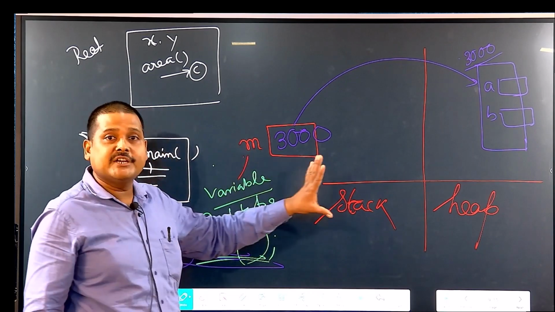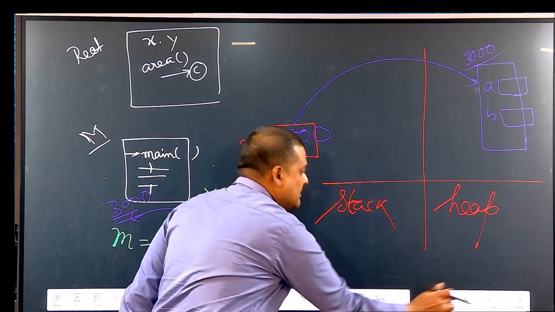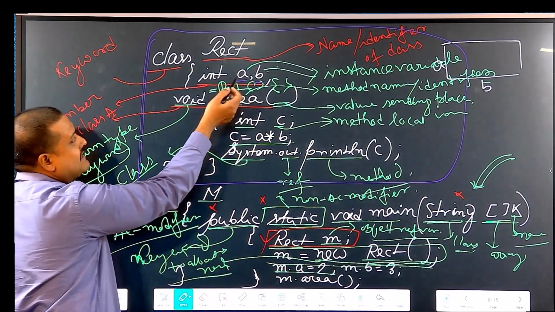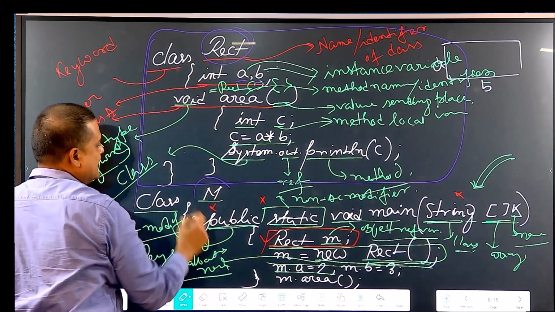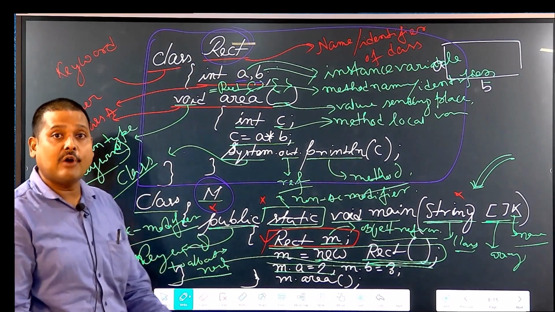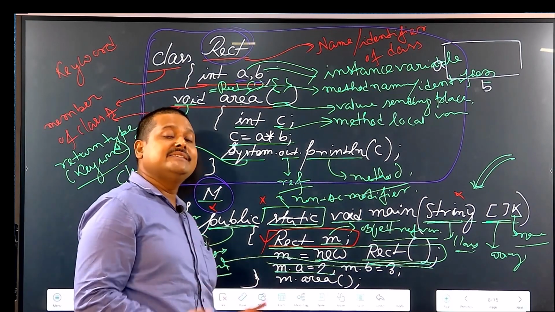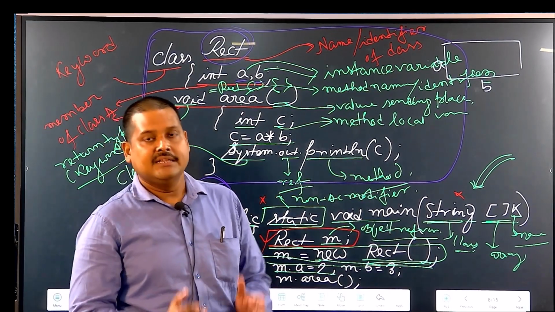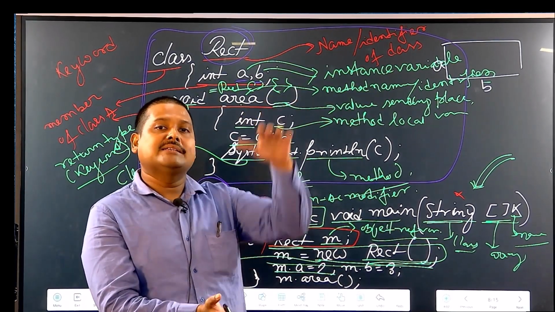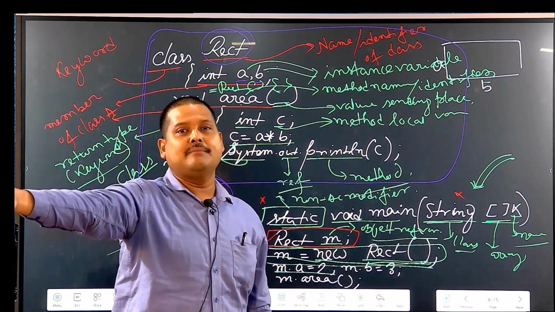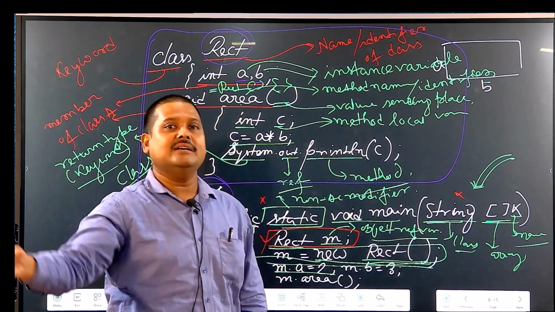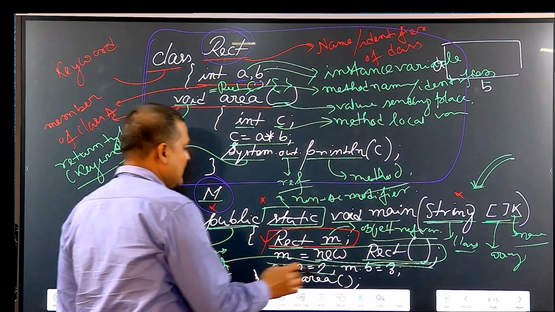And what is object? As you say, what is the class, you will say rect is a class. M is a class, but what is the object? We say object is the instance of a class. That means for a template, something is presented inside memory. That is the object.